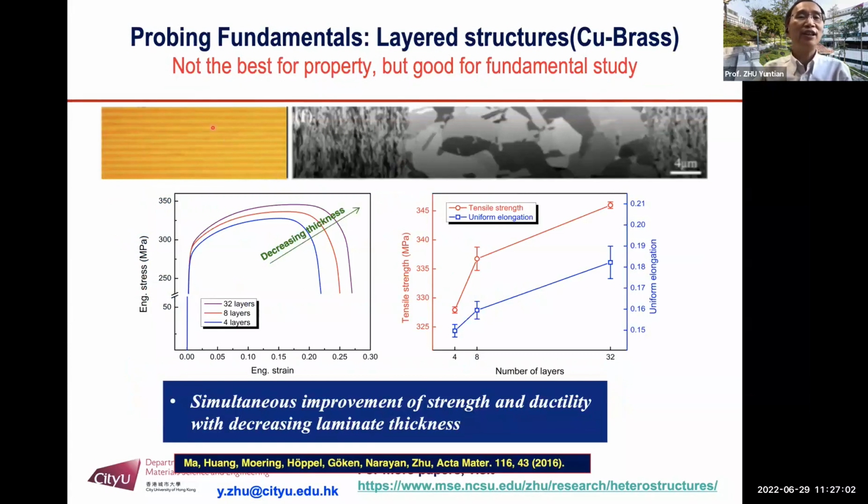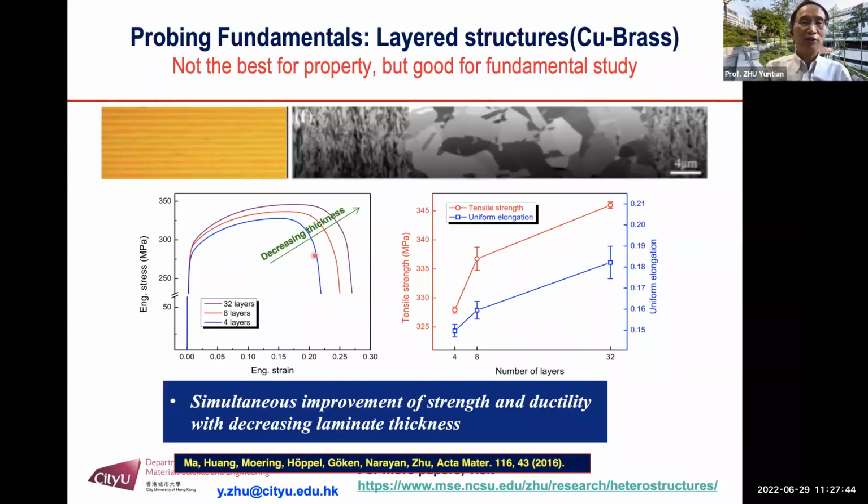In this layered structure, of copper and bronze layers, you can see as the interlayer thickness decreases, which means the interfacial spacing decreases, initially the yield strength, ultimate strength, and the ductility all increase.